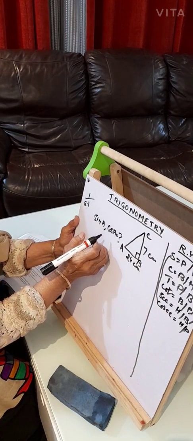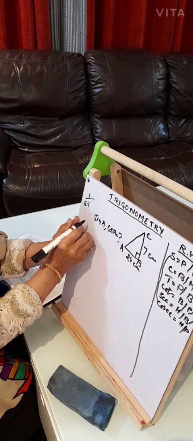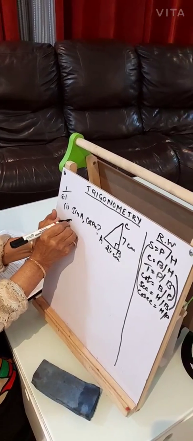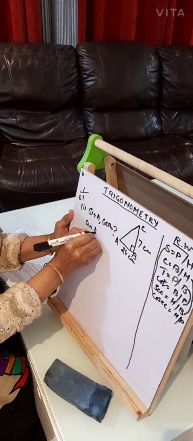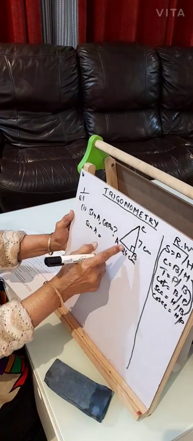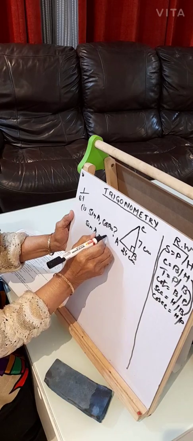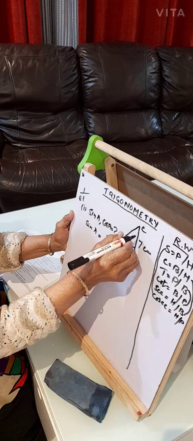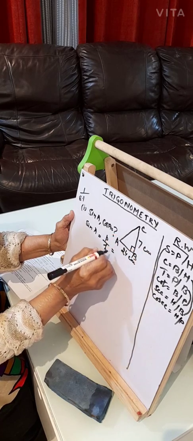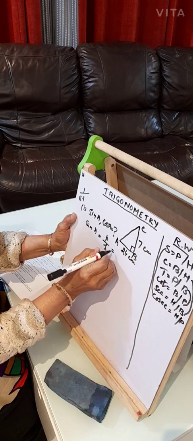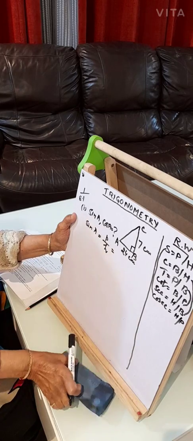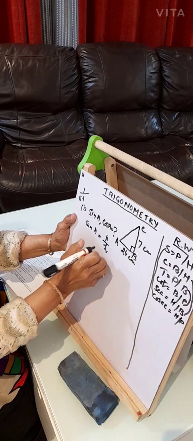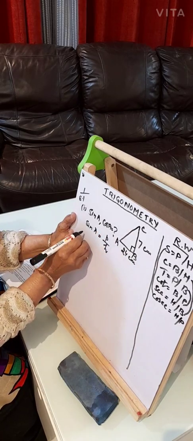And what we are to determine? Sin A, cos A. In first part we are to find the values of sin A and cos A. So you know sin A is equal to P over H. How much is P? Sin A is equal to P over H. Since you do not know the value of H so far, first you will find the value of H. Hypotenuse length you are to find first.